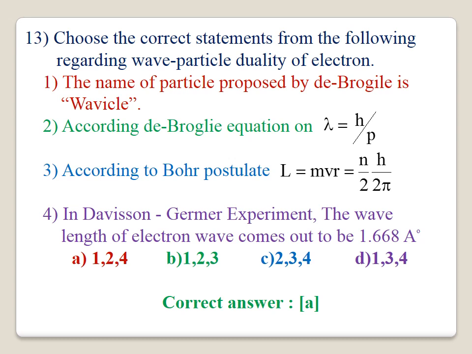The correct statement is mvr equal to nh by 2 pi, not n by 2. 4. In the Davisson-Germer experiment, the wavelength of an electron wave comes out to be 1.668 Angstrom unit. Therefore, statements 1, 2, 4 are correct and statement 3 is wrong. According to the Bohr model, the angular momentum will be equal to nh by 2 pi. The correct answer for this question is A.